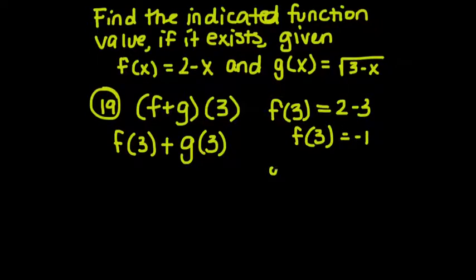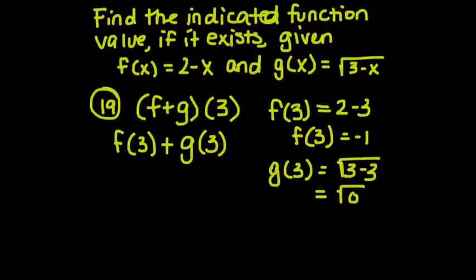G of 3 is the square root of 3 minus 3, which is the square root of 0, which is just 0. We can then substitute these values back in for f of 3 and g of 3 in what we're trying to find. So this becomes negative 1 plus 0, which is negative 1.